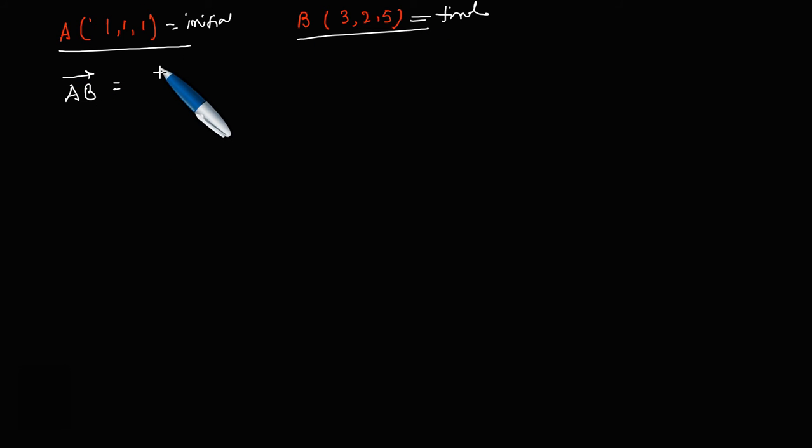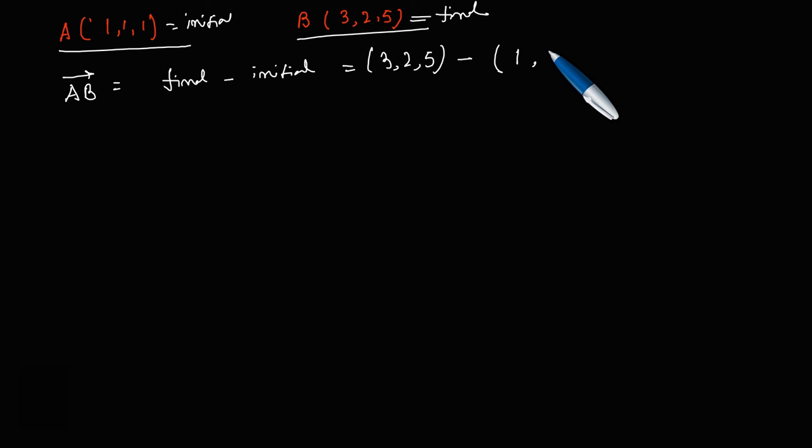So vector AB is final minus initial, which is 3, 2, 5 minus 1, 1, 1. Just be careful, you can only subtract x from x, y from y, and z from z.